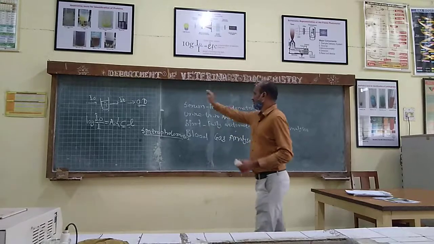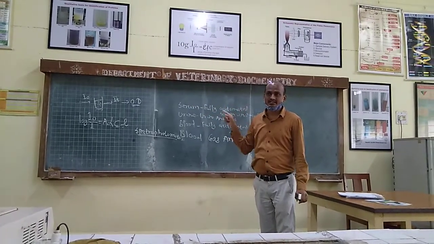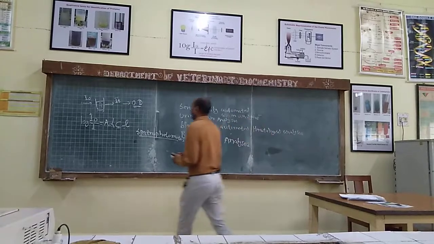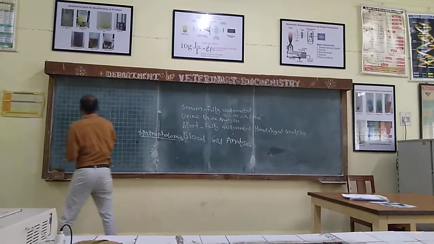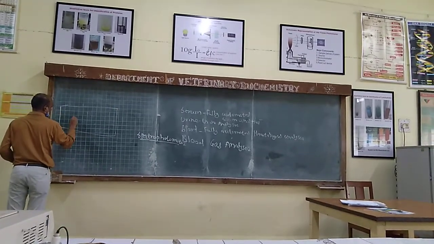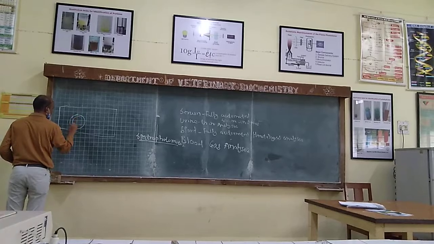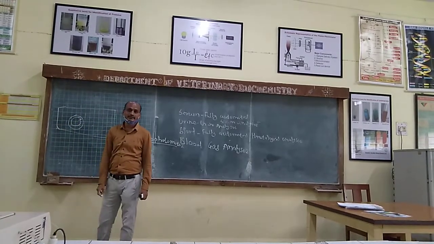Okay. The principle of that equipment is also similar to this one. You will have the reagent. When we go to that lab, equipment like this will be there. Here we will have a wheel, and here we will have a wheel. In the middle wheel, we are going to keep the reagents.